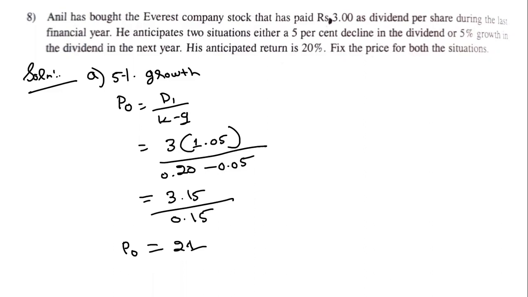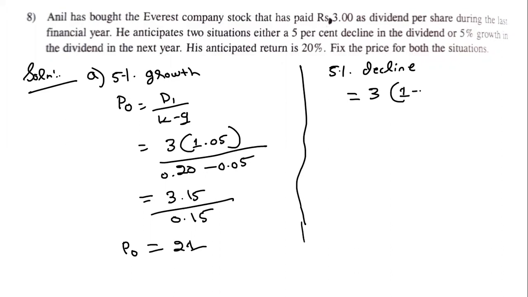Let's proceed to the second case, what will happen if there is a 5% decline. We again use the same formula, 3 into 1 minus 0.05. The minus is there because of the decline.